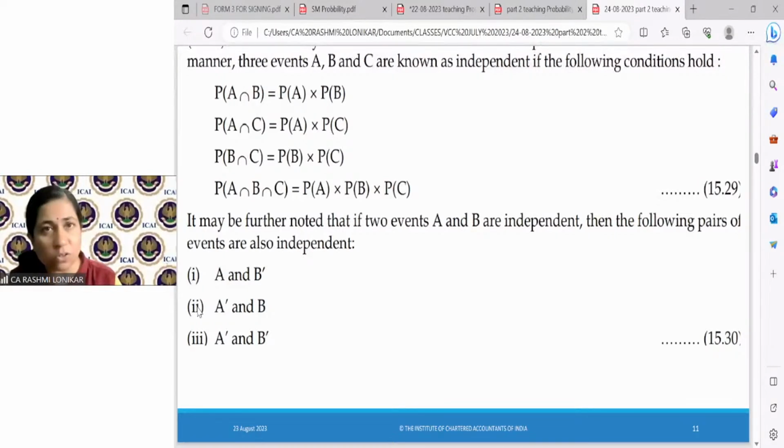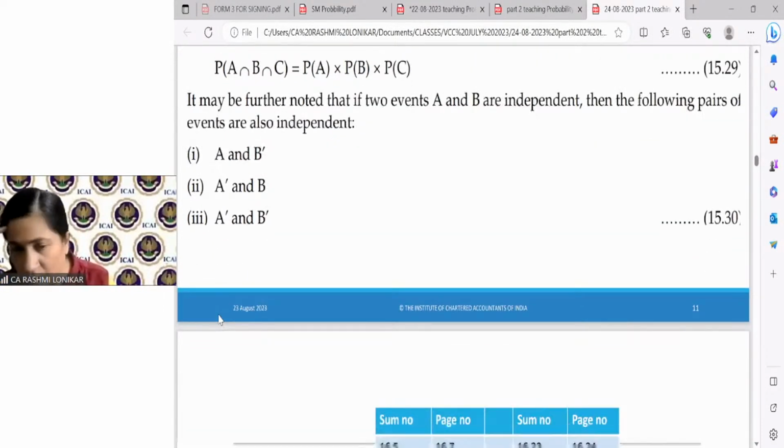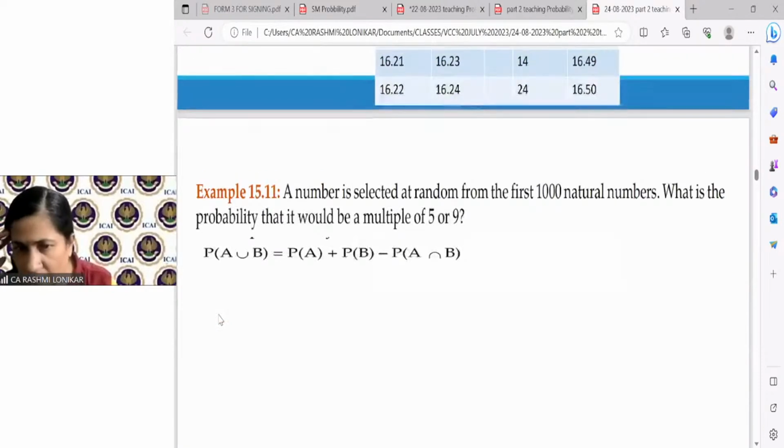Once you have A and B as independent, then A and B dash will also be independent. Then A dash and B will also be independent, and both A dash and B dash will also be independent. So that's a very good way of understanding. Let us now do this.